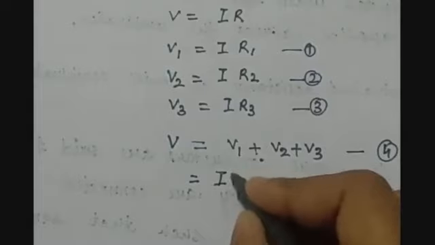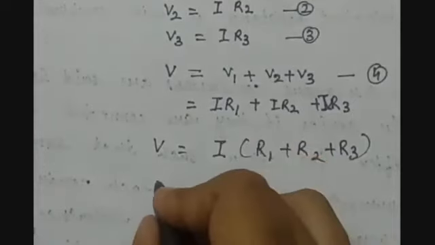If we put the values of V1, V2 and V3 from equations 1, 2 and 3 into equation number 4, then what will happen? V1 is IR1, V2 is IR2 and V3 is IR3. So I is the same in all, so we can take I as common: I times R1 plus R2 plus R3.